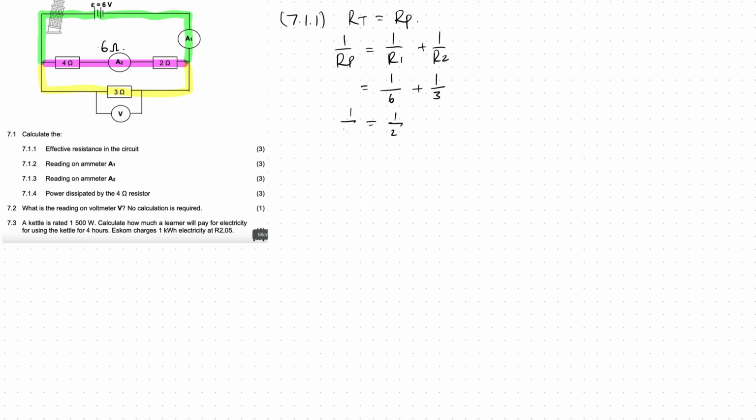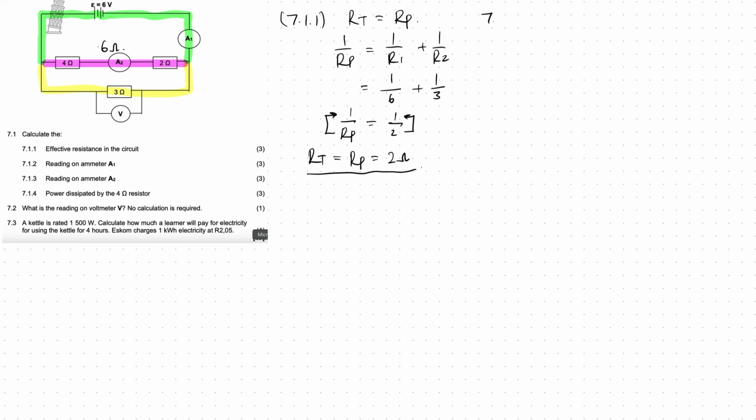Now 1 over R parallel is equal to 1 over 2. We don't want 1 over R parallel, we want R parallel. So we switch the numerator and the denominator, and we do that on both sides. So R parallel is equal to 2 over 1, which is 2 ohms. That means R total is also equal to 2 ohms.